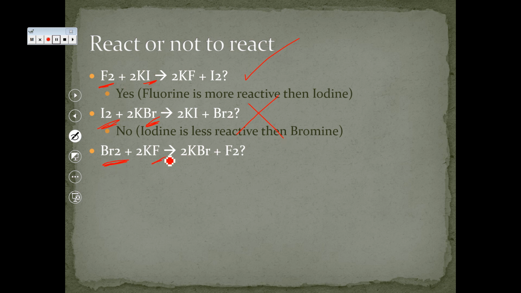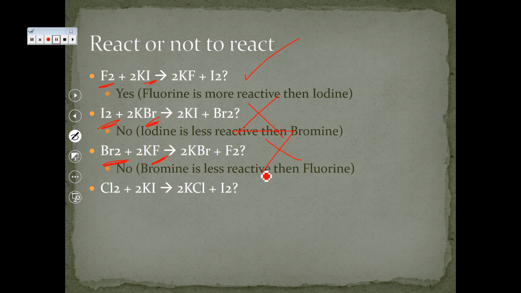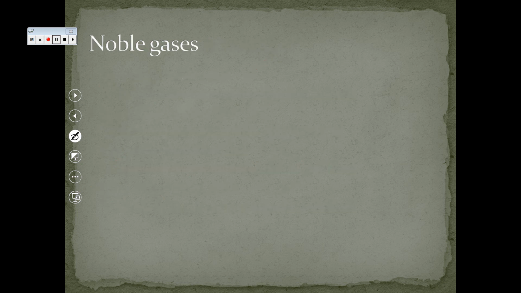It's going to try to replace the halogen F. Is it reactive enough to replace fluorine? The answer is no. Nothing is more reactive than fluorine, so this reaction will not occur. Cl2 plus KI. Chlorine is your halogen. It's going to try to replace the I. Is chlorine above I in the halogen group? Yes, it is, so therefore that reaction will occur.